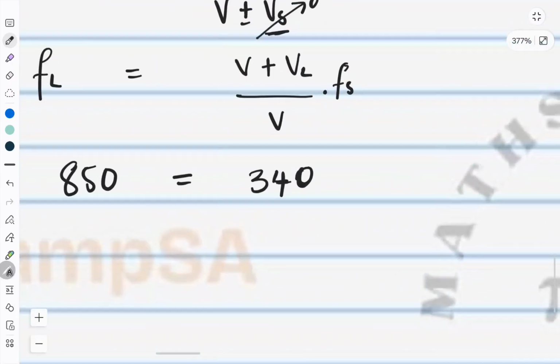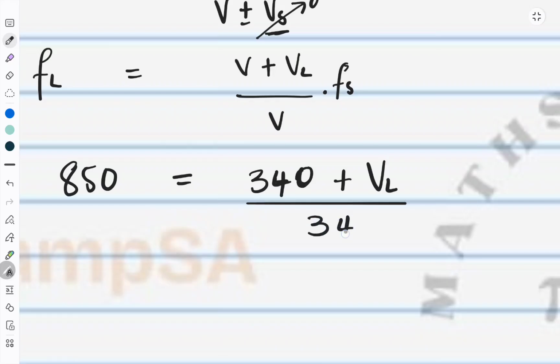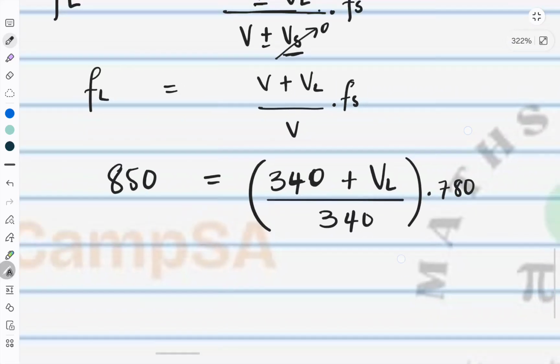I keep saying velocity, but it's wave speed. And then the speed of the observer is what we're trying to determine. And then the wave speed again is 340. And we multiply all of this by 780. You can even put it like this, it's up to you.